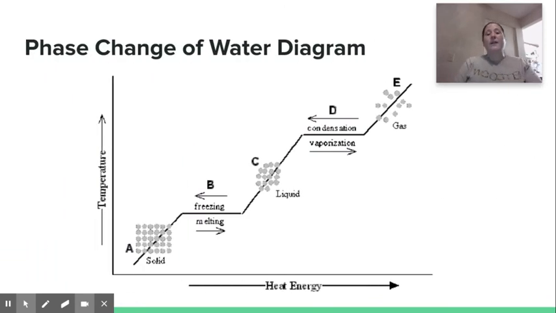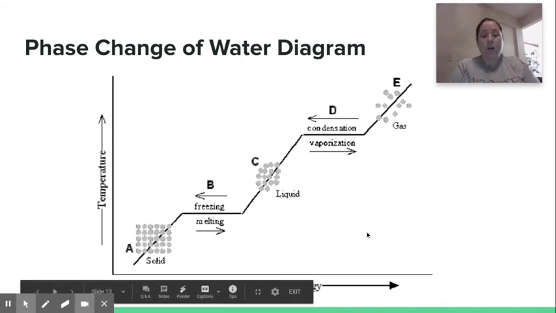The last part of this is we're going to look at the phase change of water diagram. And what you want to look at when you look at a diagram is the y-axis. The y-axis is always going to be vertical. The horizontal axis is the x-axis.